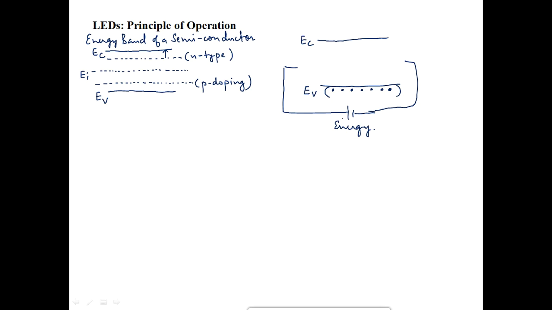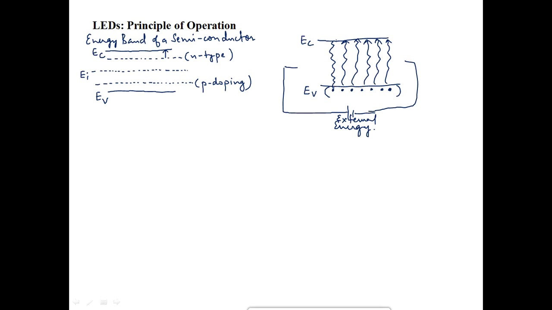Whenever we apply some external energy, these electrons which are initially in the valence shell get energized. When they get energized, they become unstable and immediately jump into the higher energy levels. Please understand there are many higher energy levels, but for simplification we have considered only one band, which is the conduction band. So the moment we apply some external energy, they get energized and jump into the conduction level.